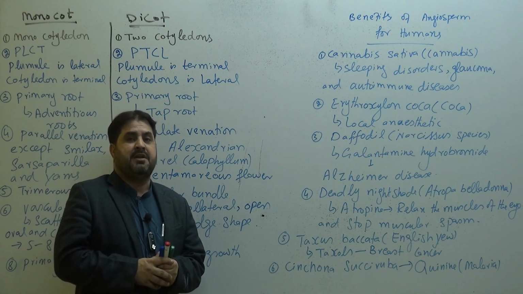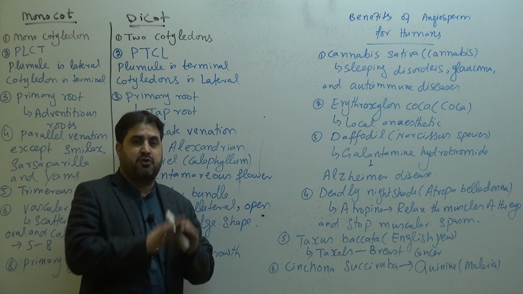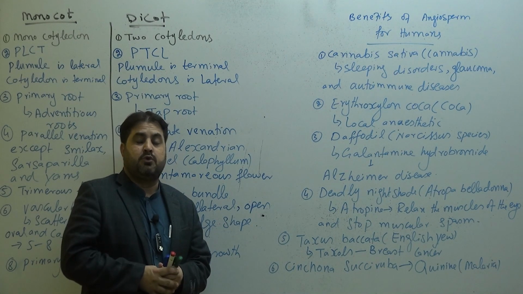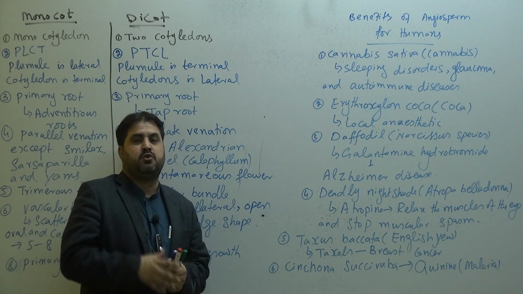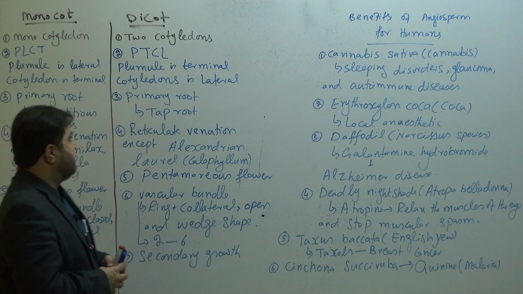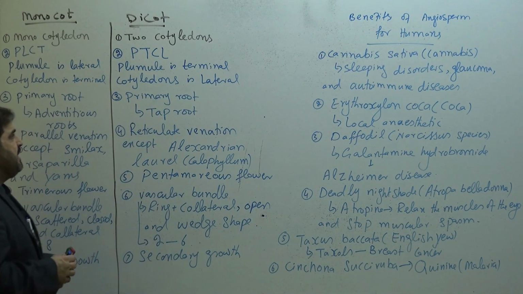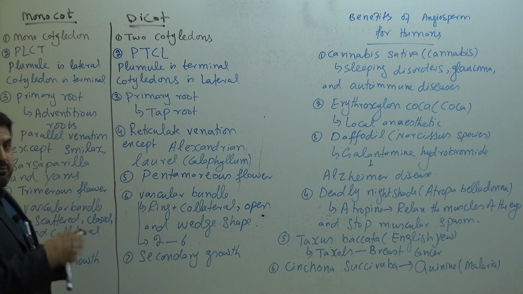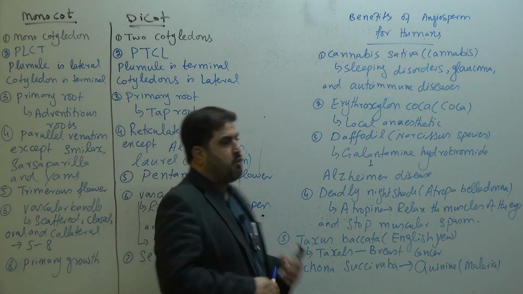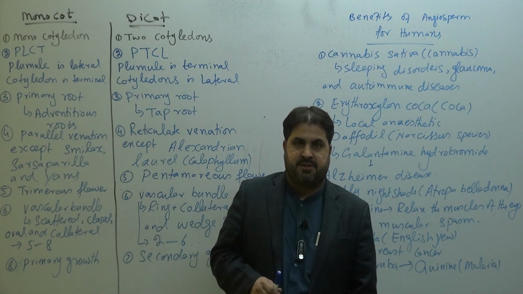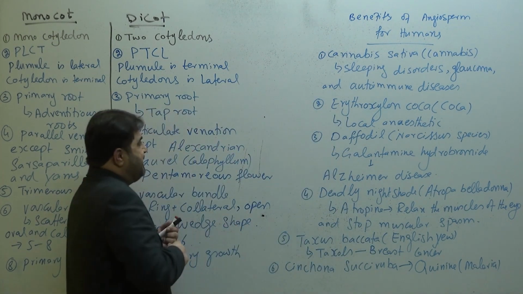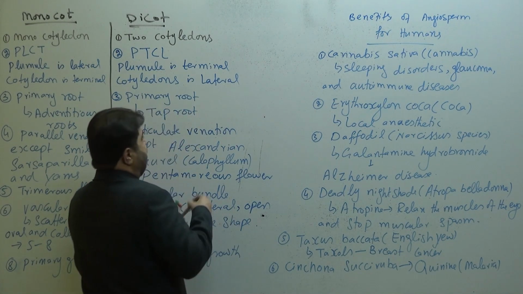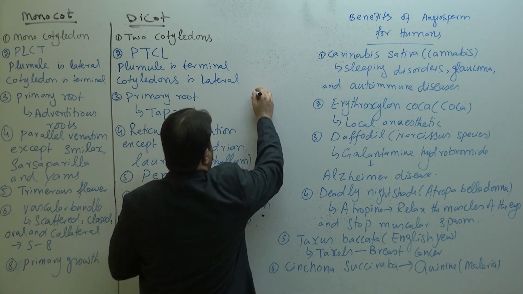If you remove the testa or tegmen, the outermost brown coat of these seeds, we observe the two cotyledons. That is called a dicotyledonous plant. Then if we remove these two coats, testa and tegmen, we will observe the cotyledons, and along with the cotyledons an embryo is present.